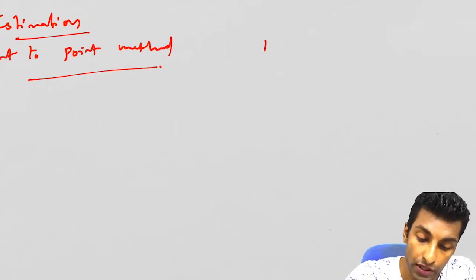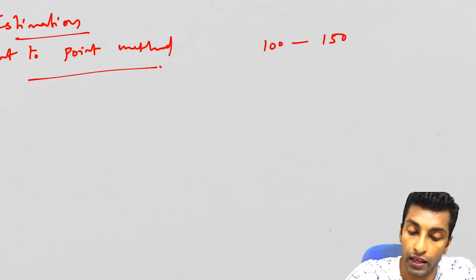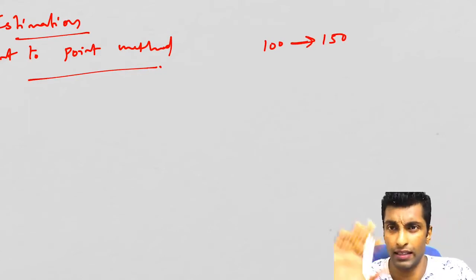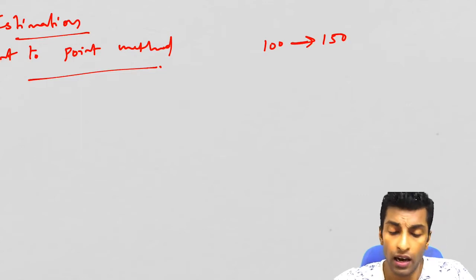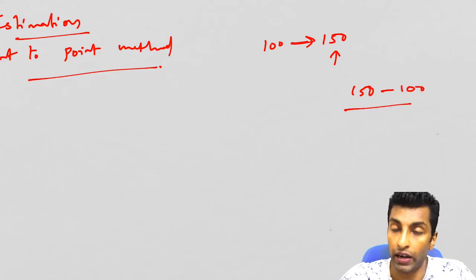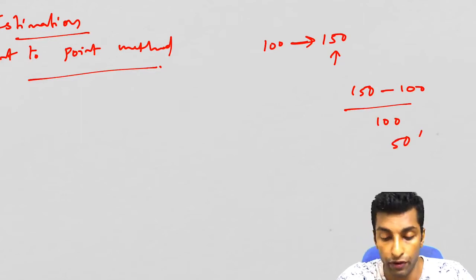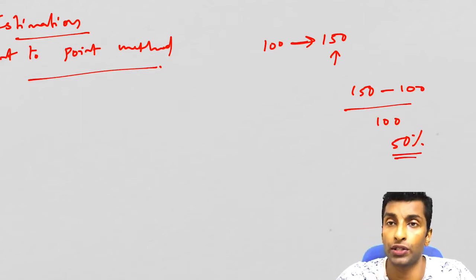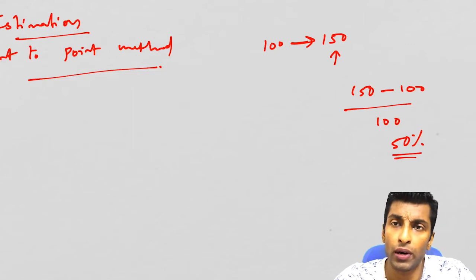So this is how you calculate percentage. 100 to 150, suppose there is an increase, just as you calculate percentage. How to calculate the percentage change here? 150, this is the new one, the final value, minus 100 divided by the base value, right? 100. So 50 by 100 into 100, so you'll get a 50% increase here. This is how you calculate percentage, and exactly in the same way you calculate inflation.